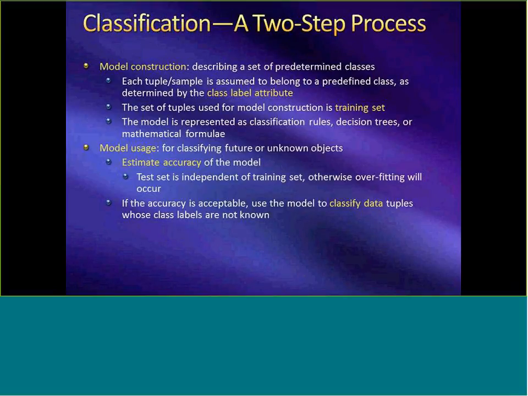Let's go to the next step, which is what we understand by classification, and you are already aware of this. You worked last week with the decision tree, that classification is a two-step process. We have to construct the model, and we have to train it with the training data set in order to get the desired result.